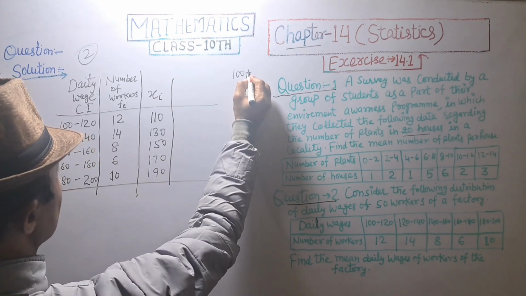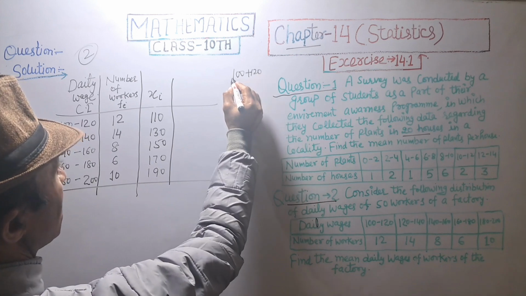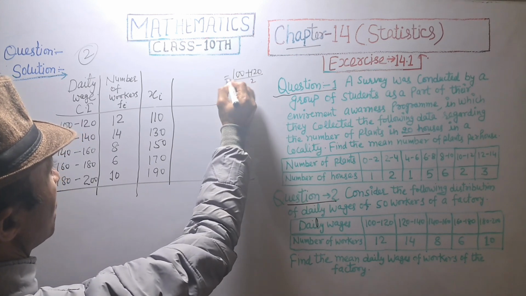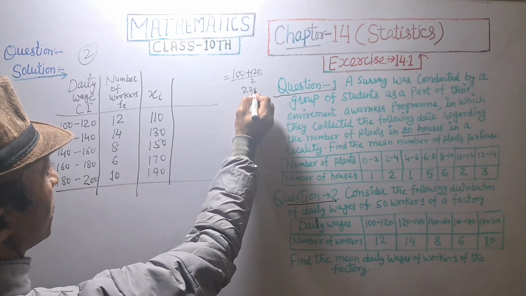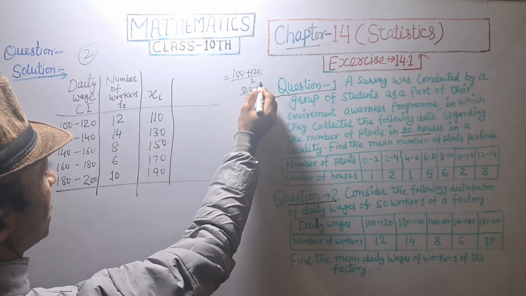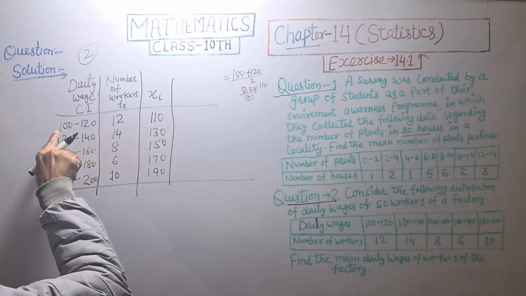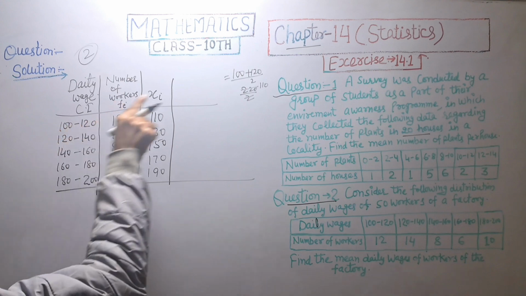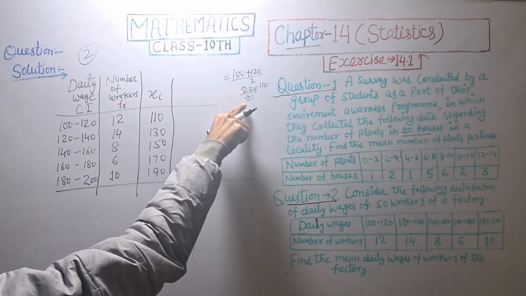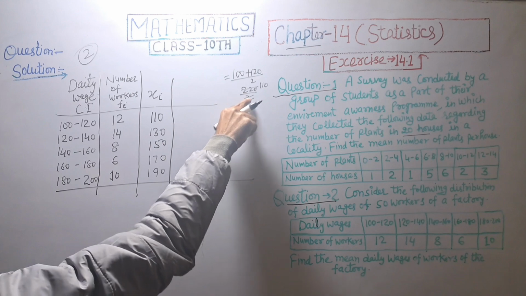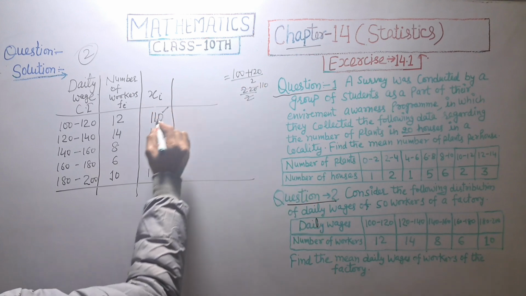100 plus 120 is equal to 220, and 220 divided by 2 is equal to 110.